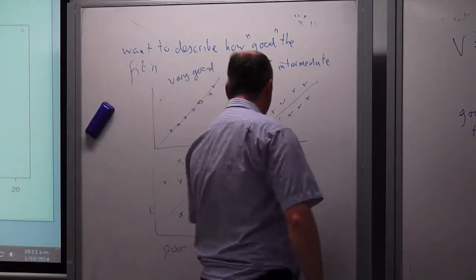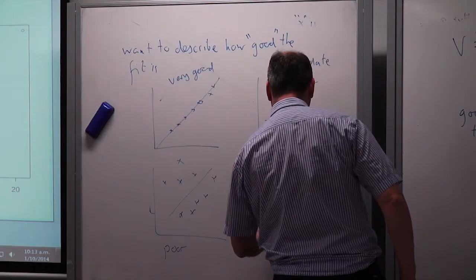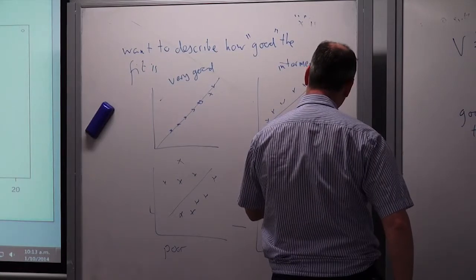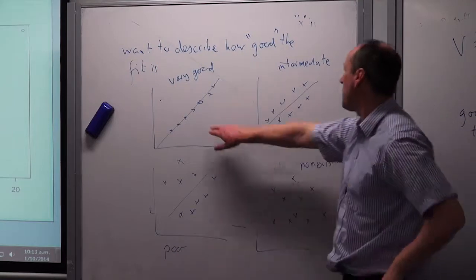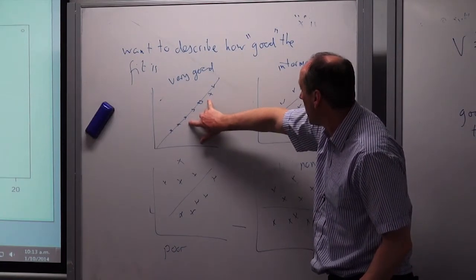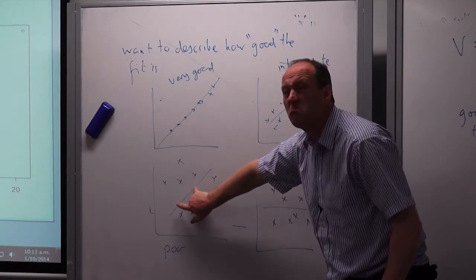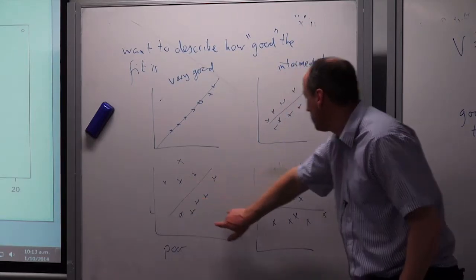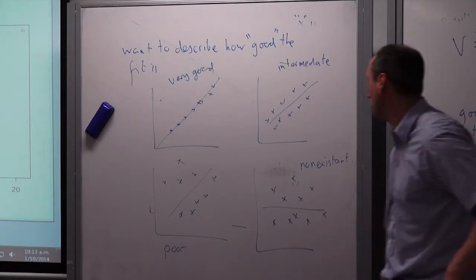And this is 0. Non-existent. So you see we've gone slightly from very good here, which is very, very close to this straight line, a little bit of a scatter, marginal correlation. And here is non-existent because the best fit straight line is horizontal.